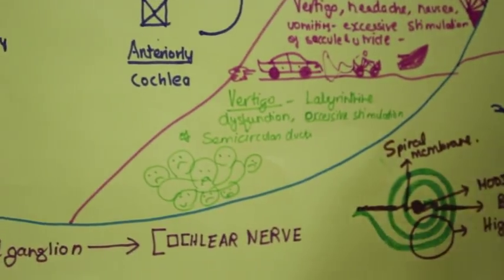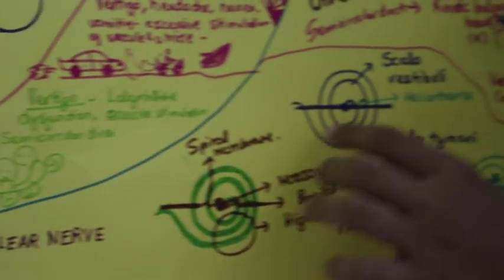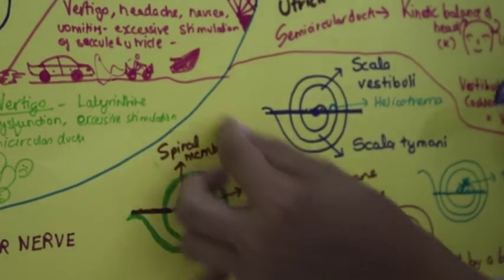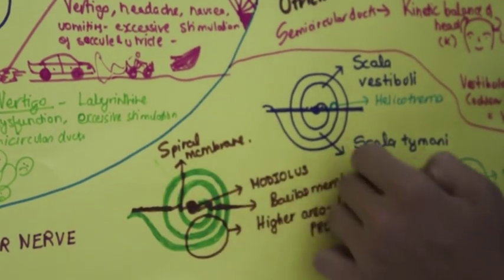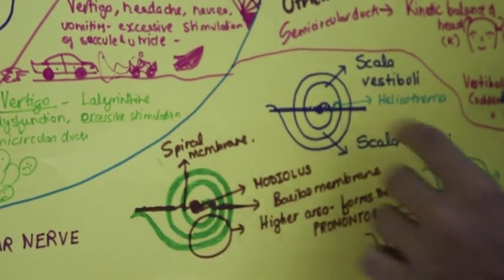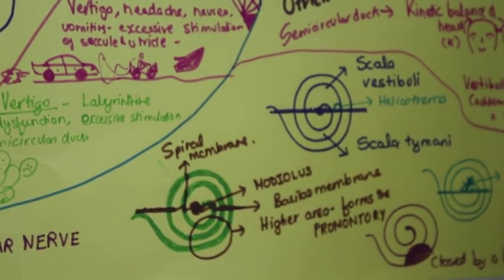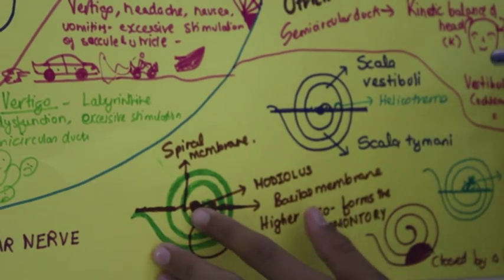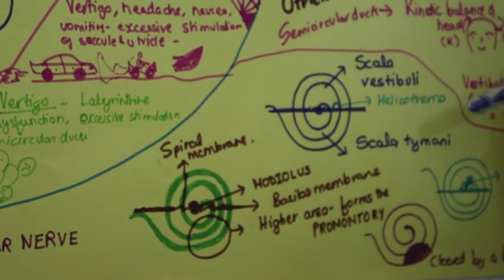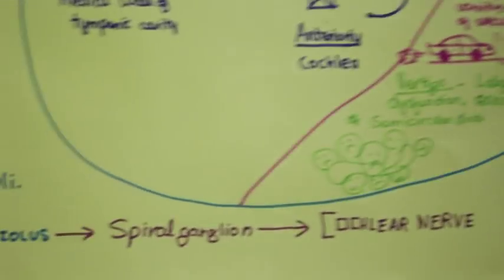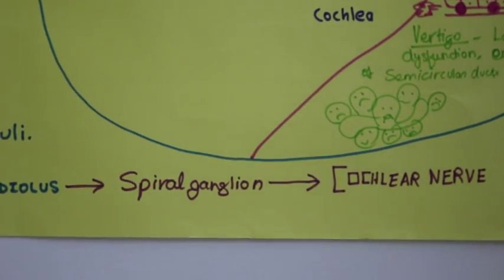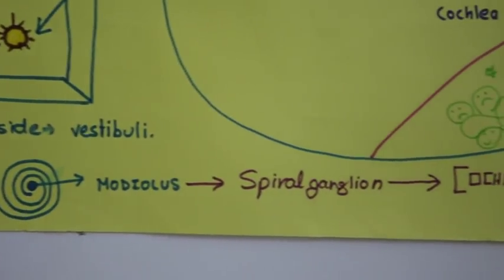There's a basal coil, and then there are a few communications within this cochlea. There's a hole called the helicotrema that allows communication between these two, and this contains a very important organ, the spiral organ of Corti, that is lodged within the cochlear duct.